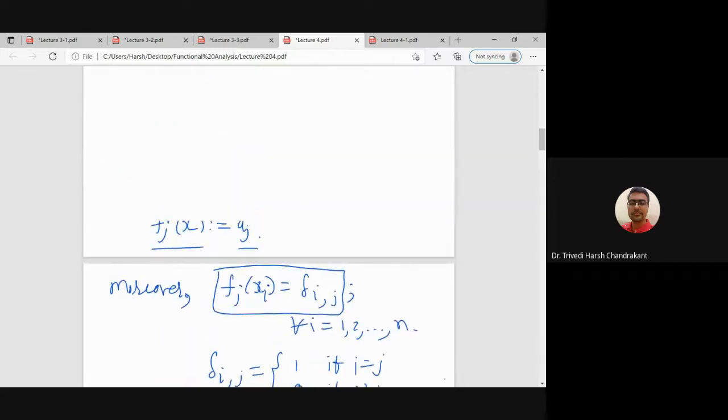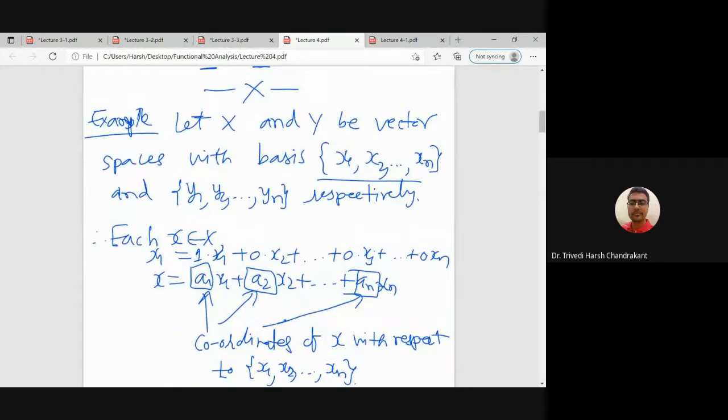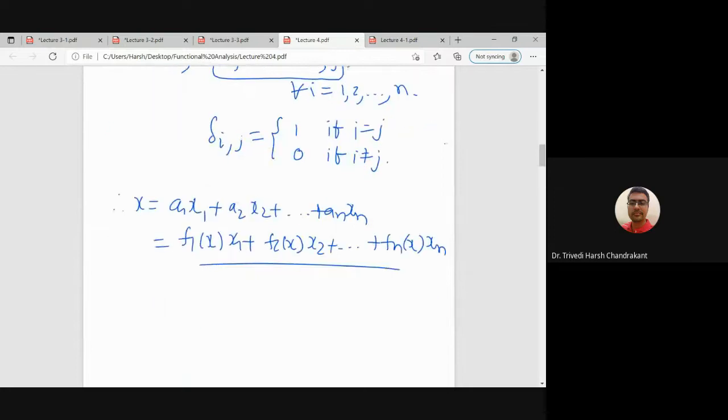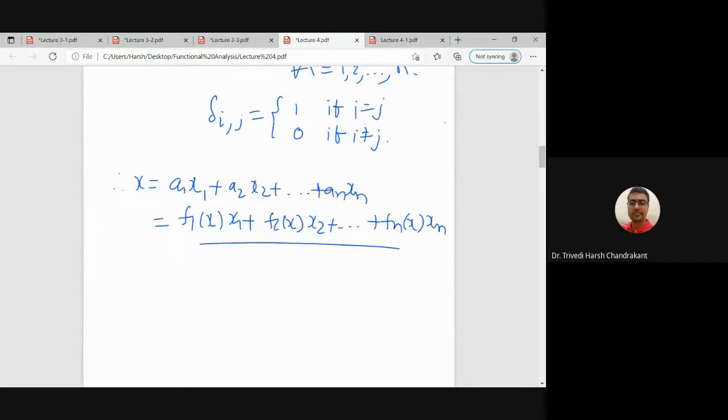So far we use only x, which is n dimensional, right? But we are also given y, which is m dimensional. So the same thing we can do for vector space y also.